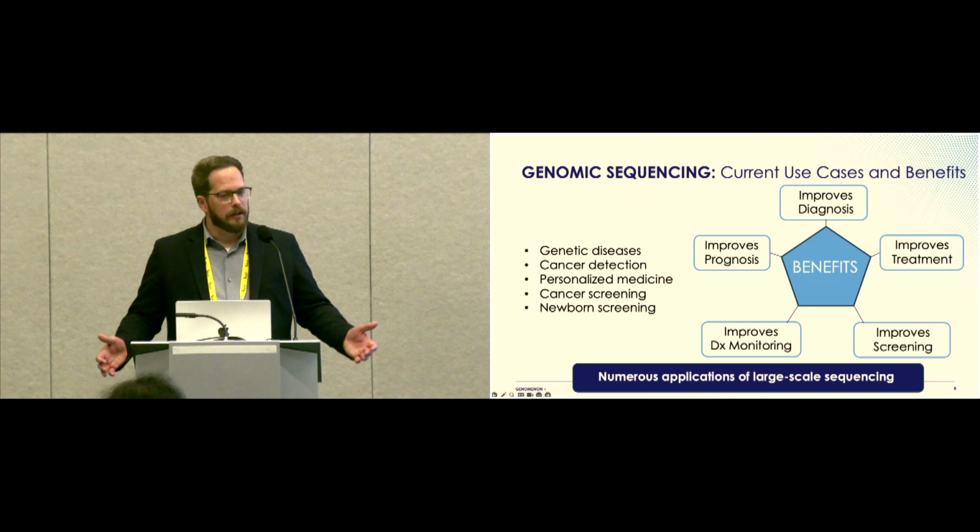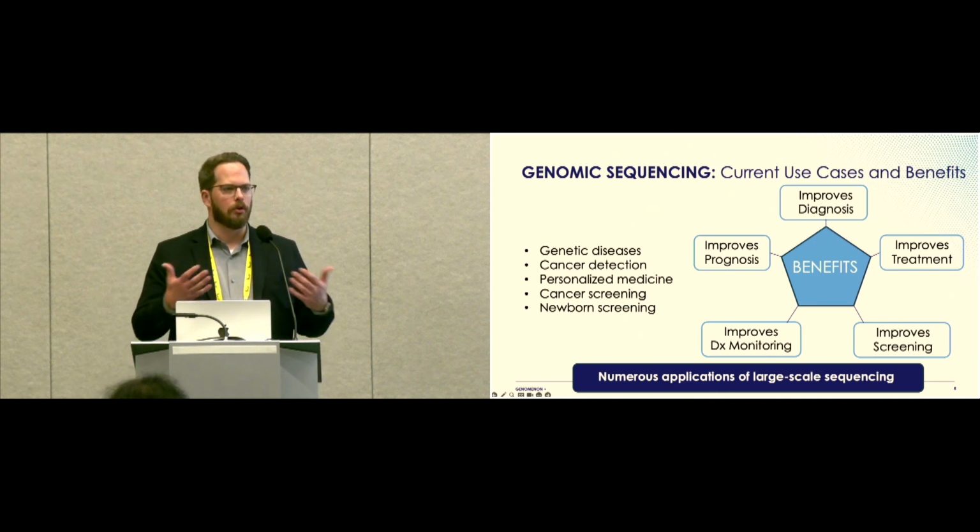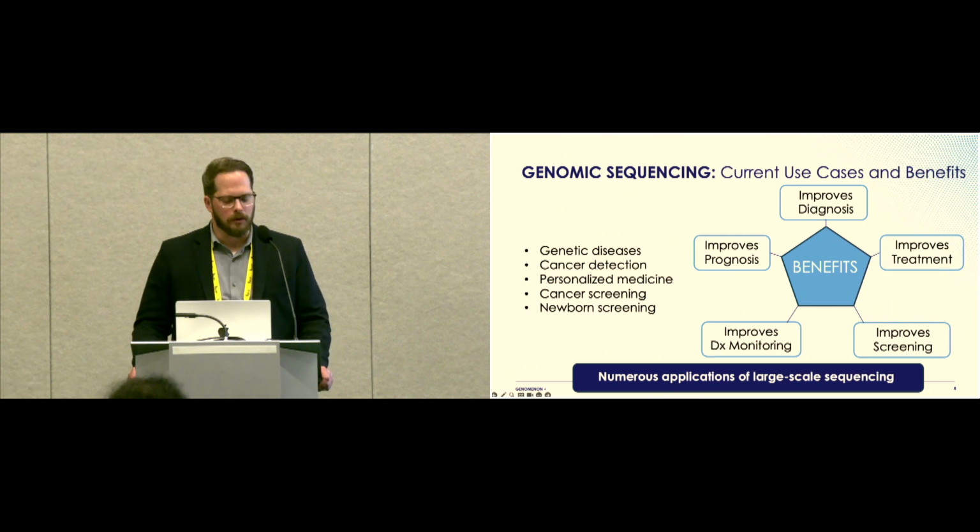So the benefits of genome sequencing are many. In addition to improving diagnoses, as I'll showcase in some slides, as well as improving prognosis, which was just an early development that I experienced some 15 years ago when I began my training, it can increasingly inform treatment through precision therapeutics that we're all well aware of.